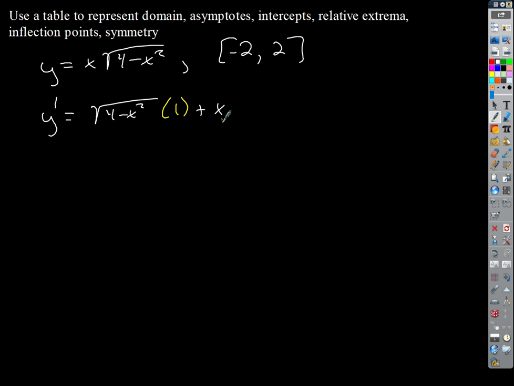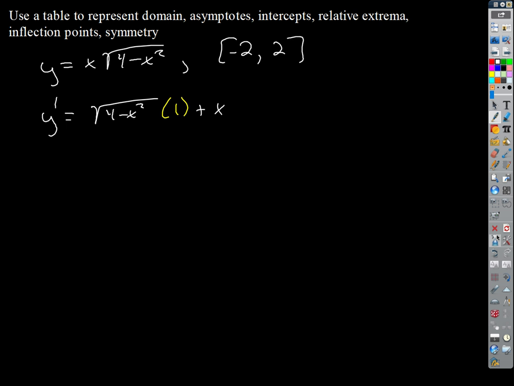So that's a chain rule deal, right? It's a 1/2 power, so what are we going to get there?